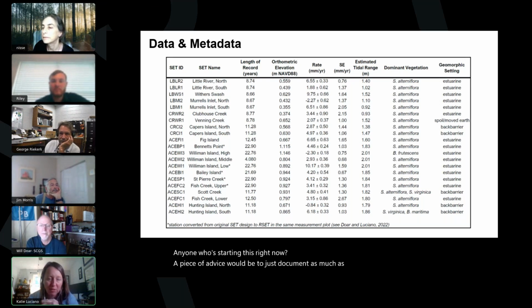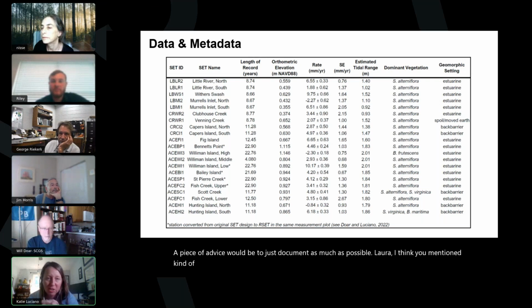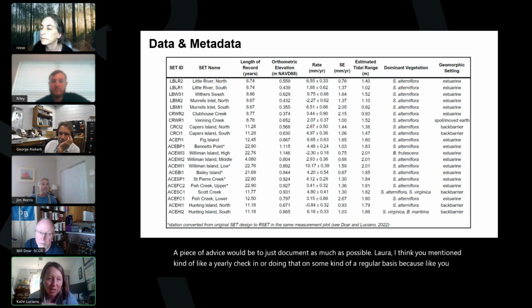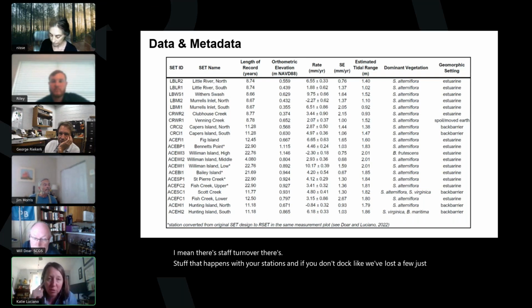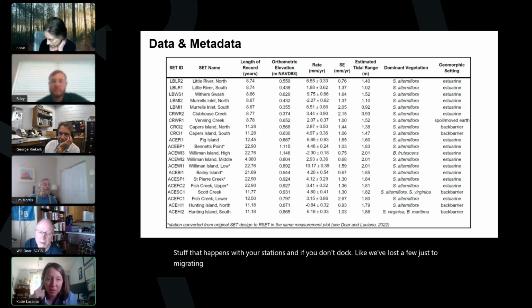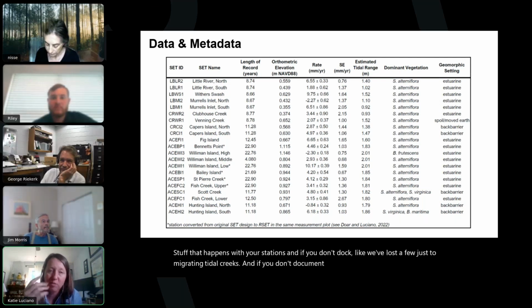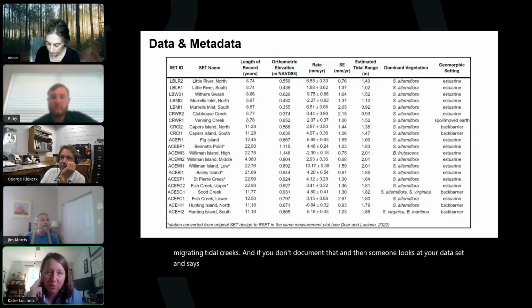Laura, I think you mentioned a yearly check-in or doing that on some kind of regular basis, because like you said, there's staff turnover, there's stuff that happens with your stations. We've lost a few just to migrating tidal creeks. And if you don't document that, and then someone looks at your data set and says, where did station 7 go? And you don't know, then at least you've got something to refer back to.